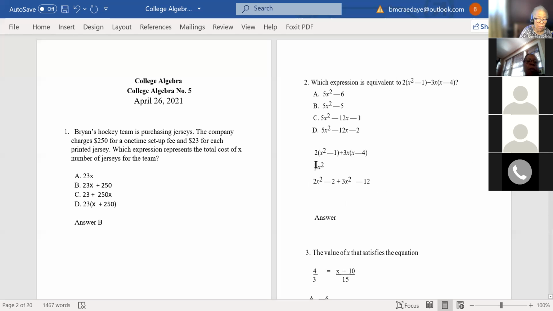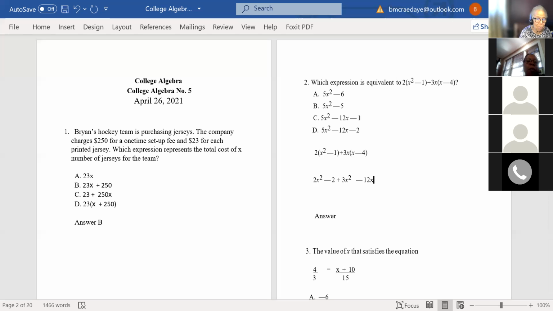So now you multiplied everything out, right? 2 times x squared minus 1, 2 times x squared minus 2. 3x times x is 3x squared, and 3x times a minus 4 is minus 12x. Now, let's combine everything.